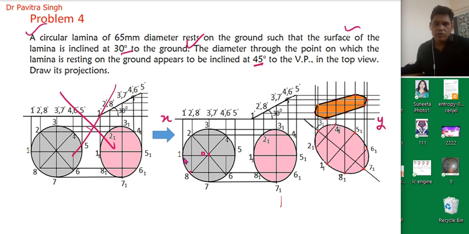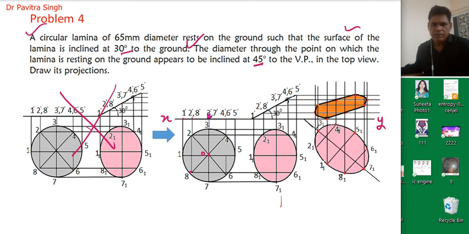Now I will draw vertical projections towards this XY line: a vertical line from point 2, from 3, from 4, from 5, from 6, from 7, from 8. Point 1 will be 1 dash in the front view. Points 2 and 8 will be at this location, so this will be 2 dash, 8 dash. Points 7 and 3 will be at this location.